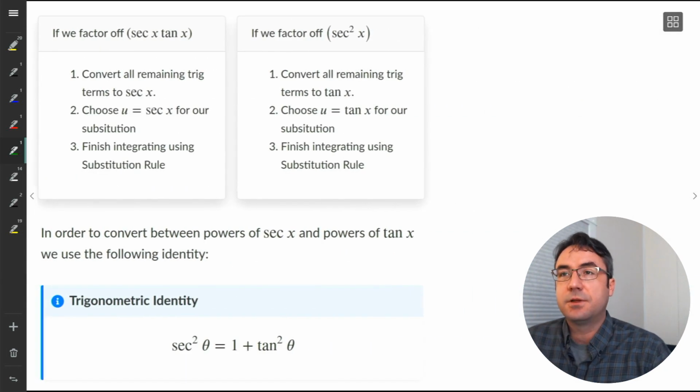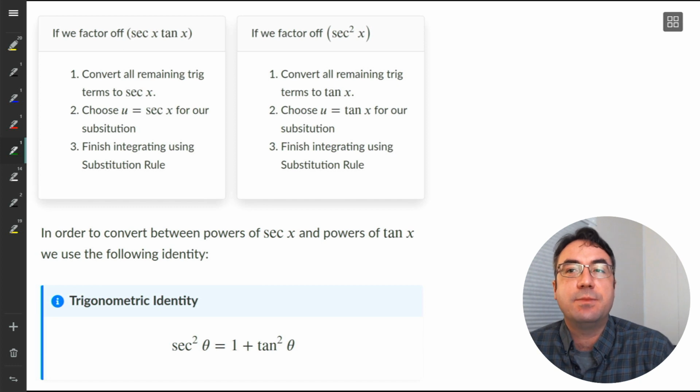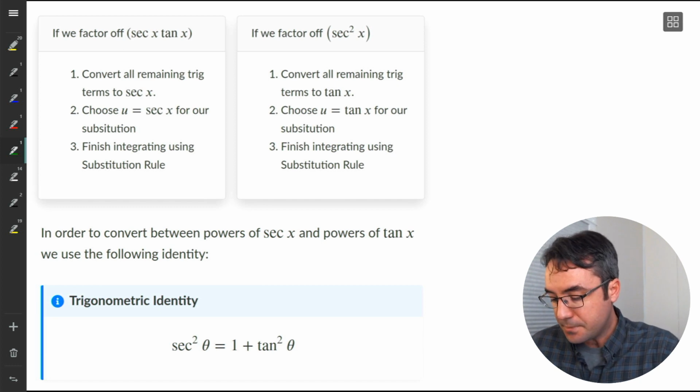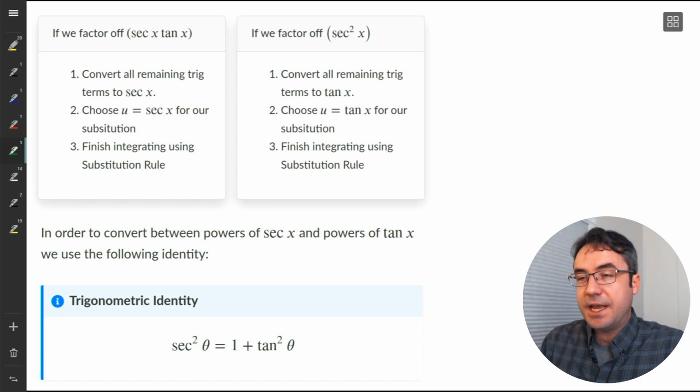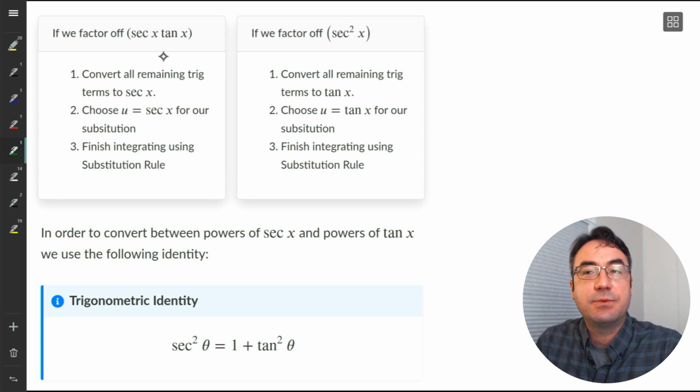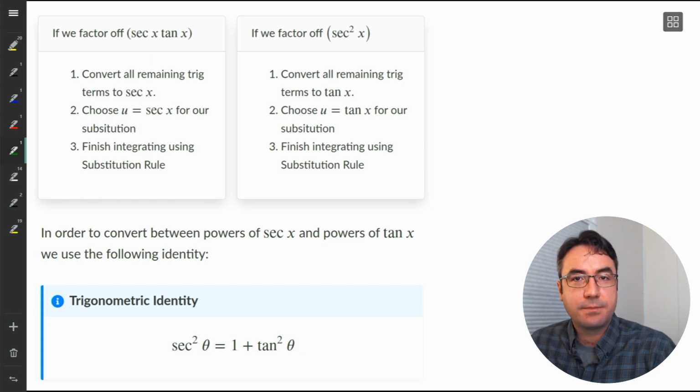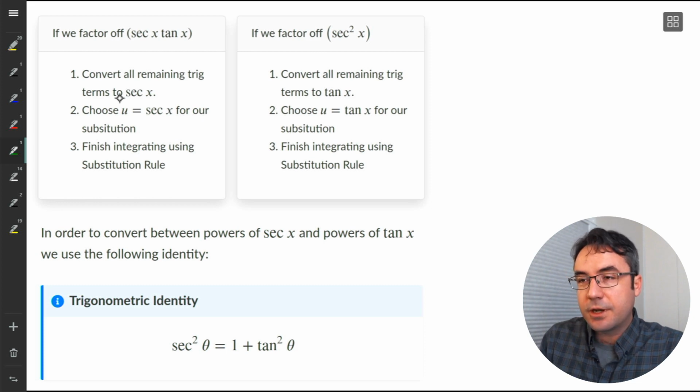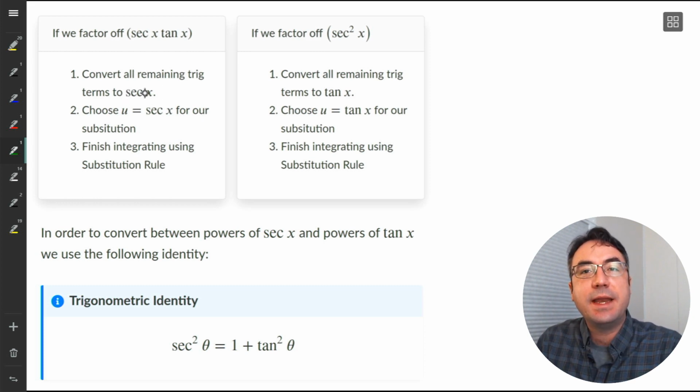All right, so let's look at the strategy more specifically. So let's say we factor off secant x times tangent x and we put that next to our differential. Well, in that case, how are we going to proceed with our integration? Well, we're going to convert all of the remaining trig terms in our integral to secant x.